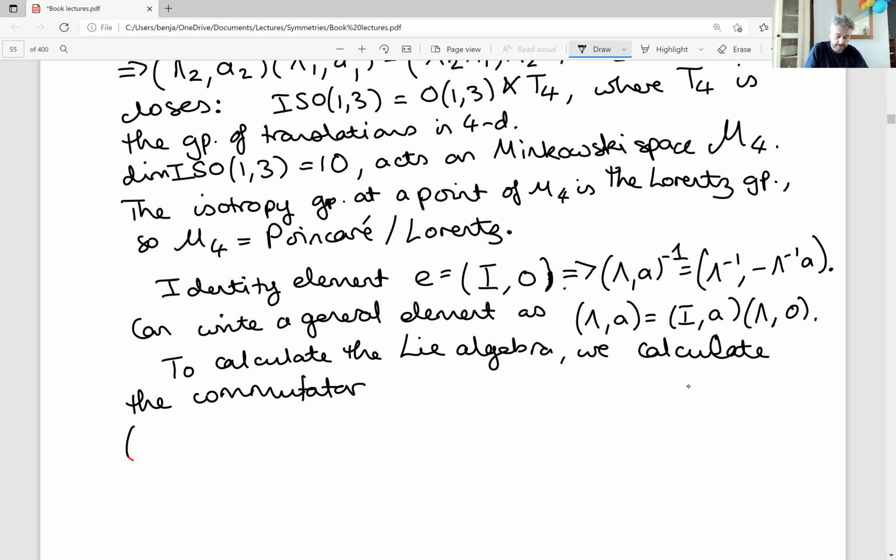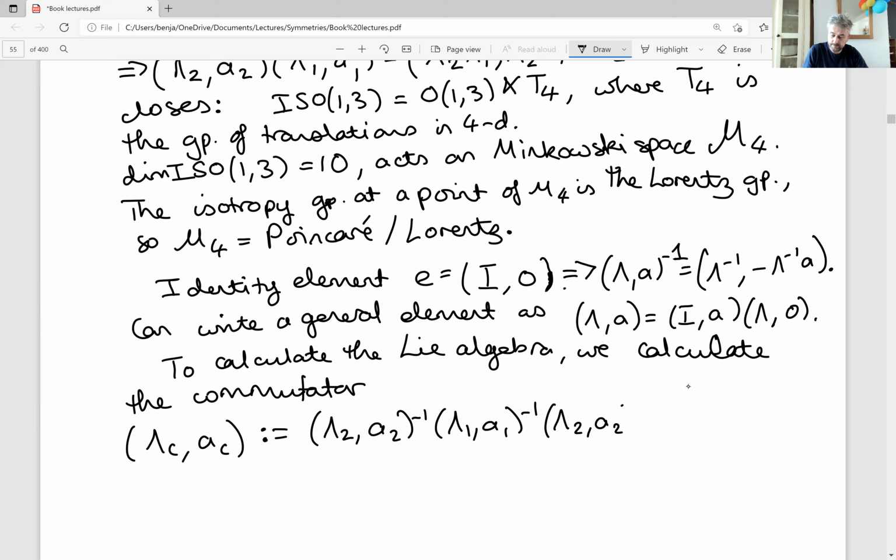We're going to call this lambda_c comma a_c, where c stands for commutator. So it'd be (lambda_2, a_2)^-1 (lambda_1, a_1)^-1 (lambda_2, a_2) (lambda_1, a_1).